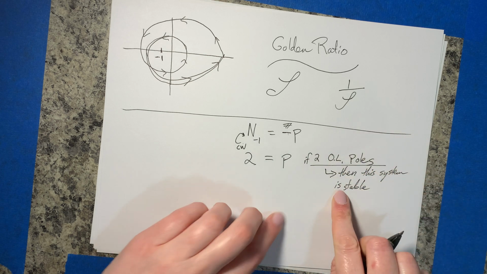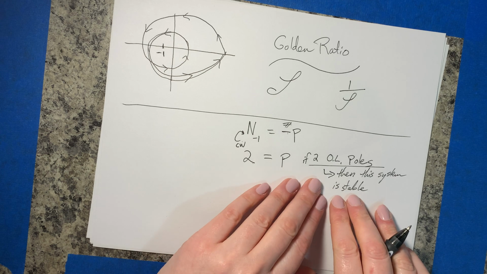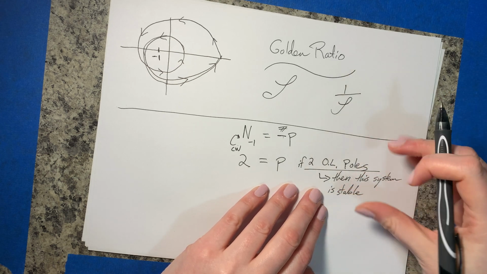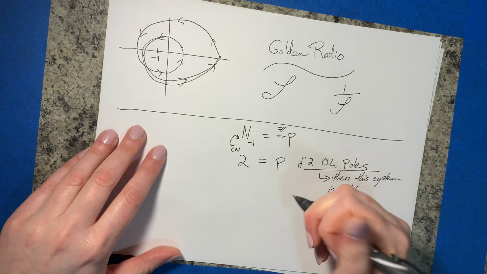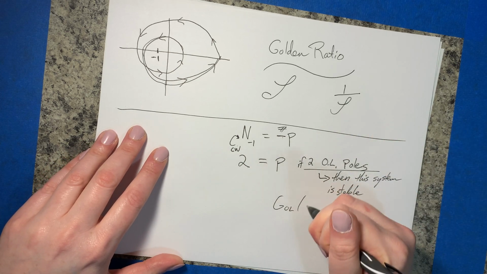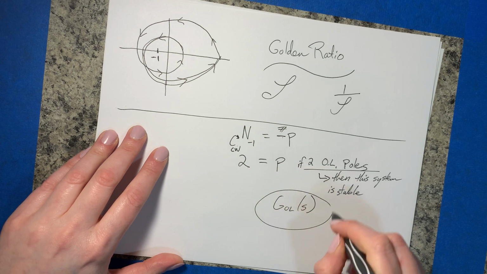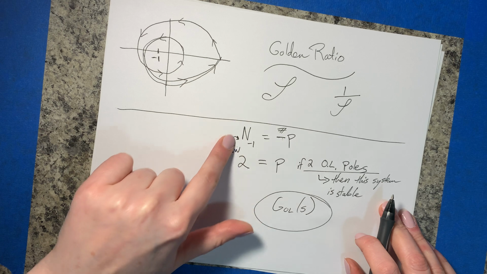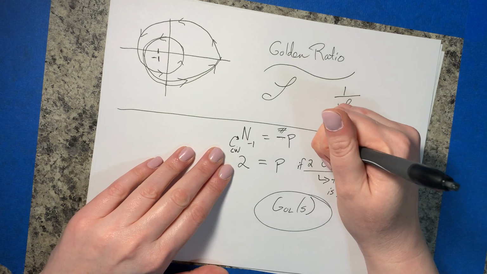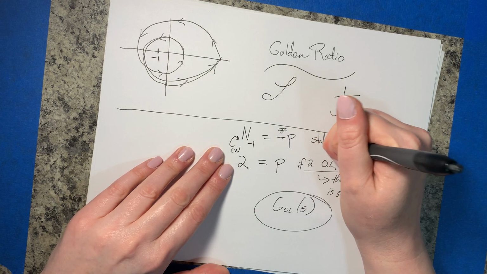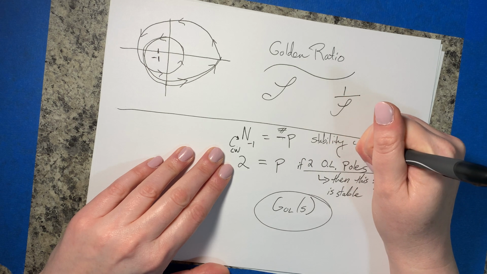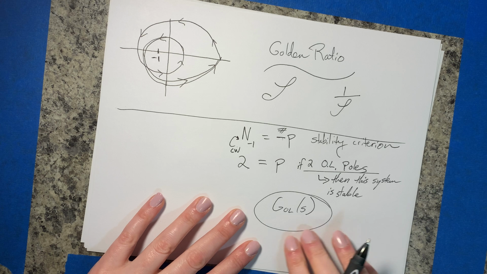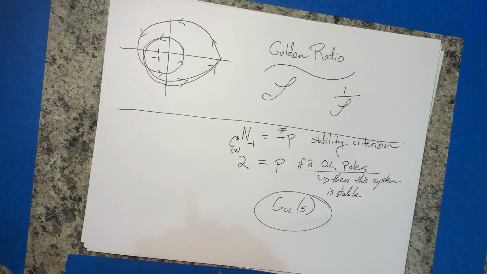So this is a good example of finding the conditions for which a closed loop system would be stable if you don't know what that G_OL of S is. If you aren't given that, and you are given a locus plot, and of course you know this formula for the stability criterion. Okay, and so that's pretty much the main idea.